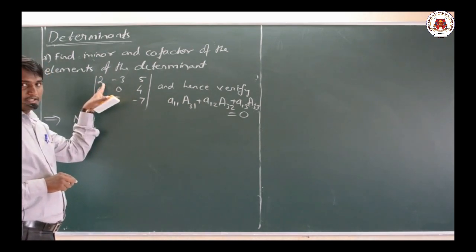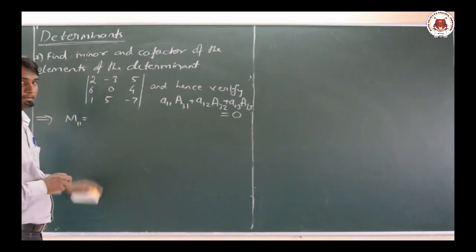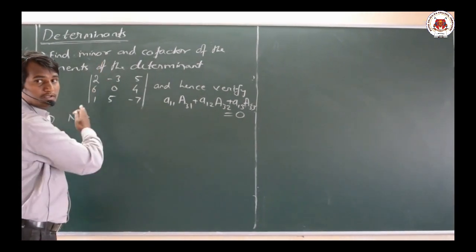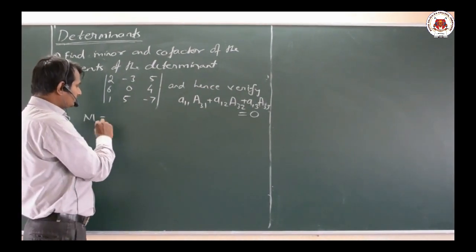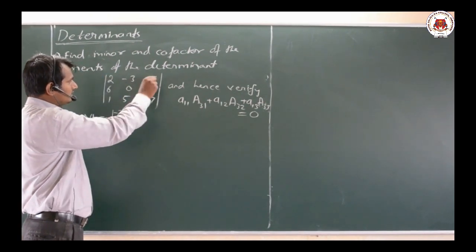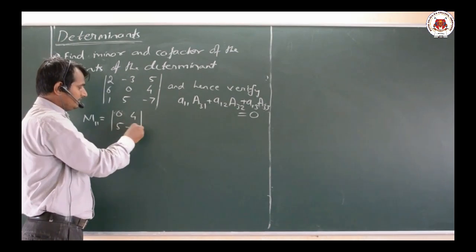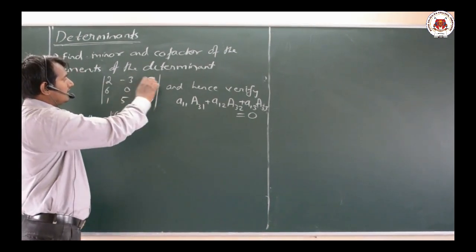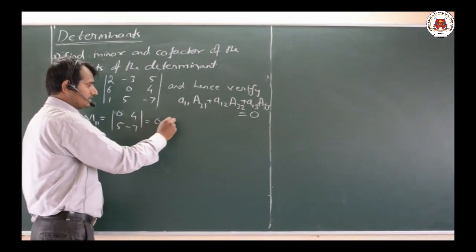Minor of 2 means we delete this row and this column. What we get here? The determinant of -3, 0, 4, 5, and -7. Deleting this row and column, the value will be 0 0 minus 5 4s are 20, the value will be -20.